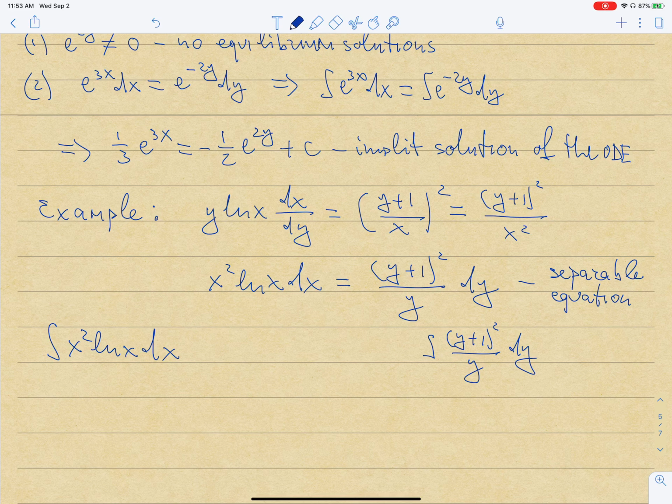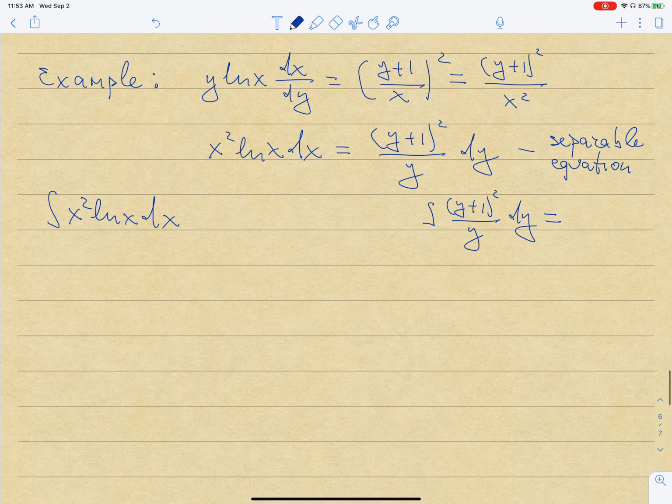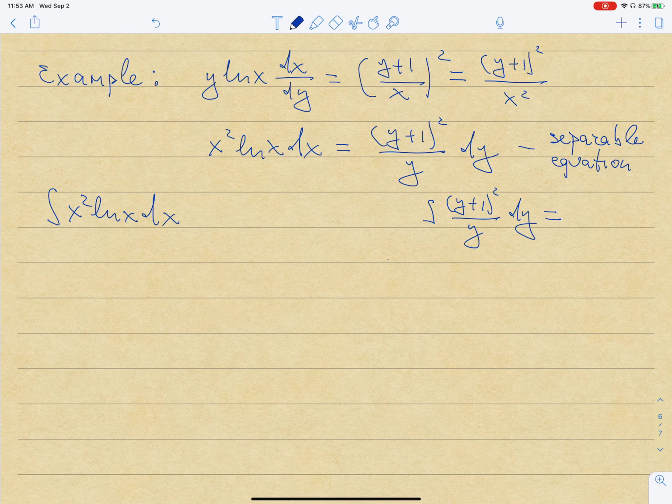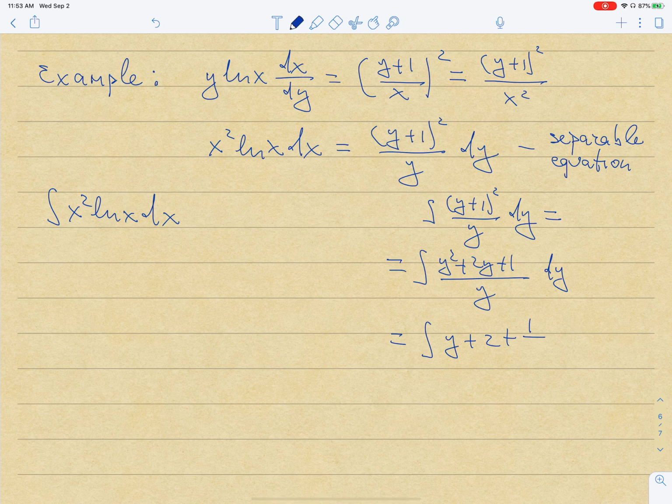Let's do the second integral first. The easy approach is to expand the numerator and divide by y. So the numerator is y squared plus 2y plus 1 divided by y dy. This is an integral of y plus 2 plus 1 over y dy.